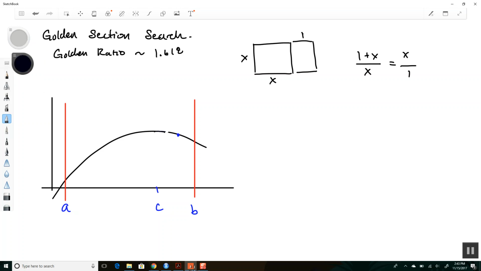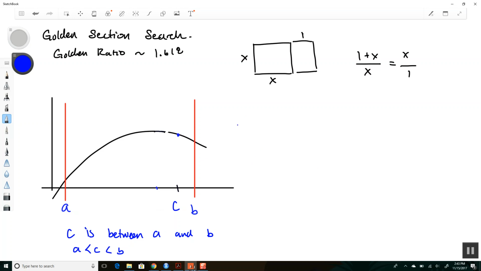And the idea is that if you've got some function where C is between A and B, or we would write A is less than C is less than B, okay?